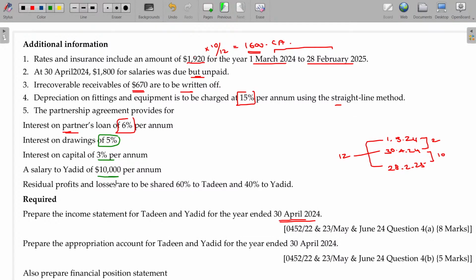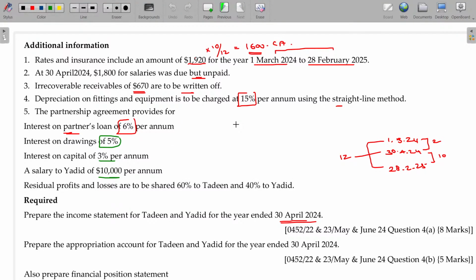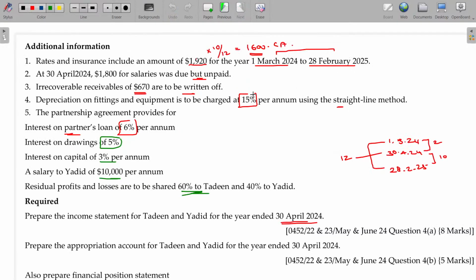Salary of Yardit 10,000 per annum will be payable, only for Yardit. Now the residual profit and loss will be shared between these two partners in the ratio of 60-40, otherwise 3:2.